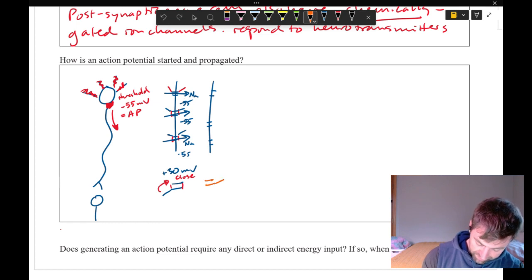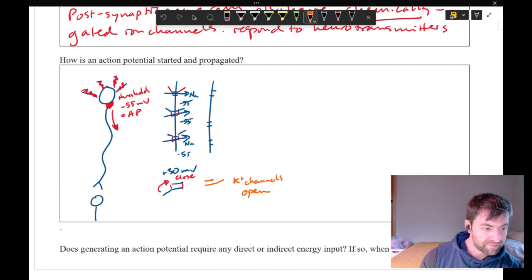And at that time, potassium channels open. And this is going to get us back to resting membrane potential. Until this point, potassium channels were closed. Once we hit peak action potential, potassium channels open, and we start to repolarize.